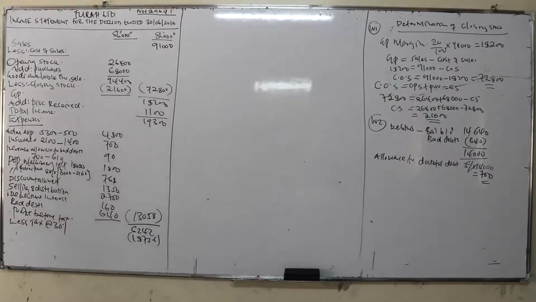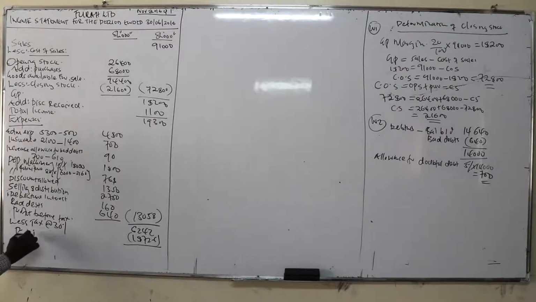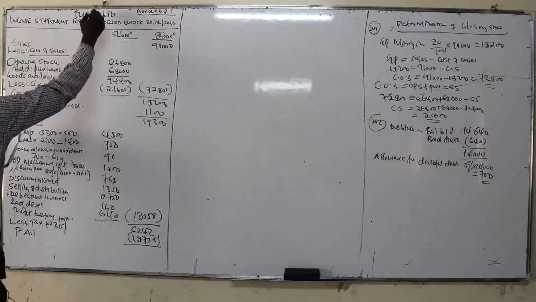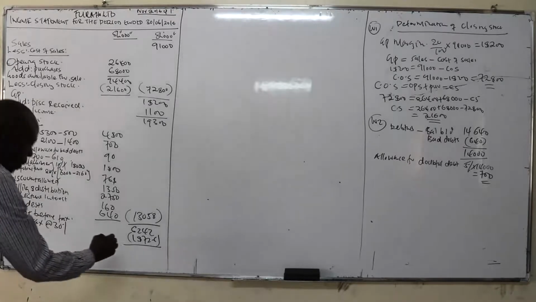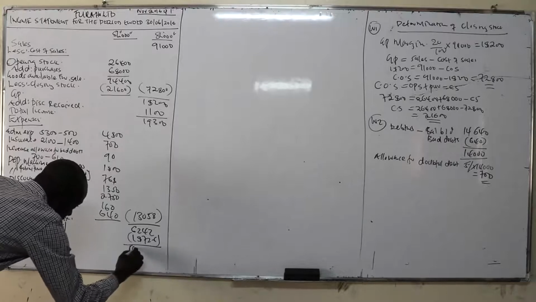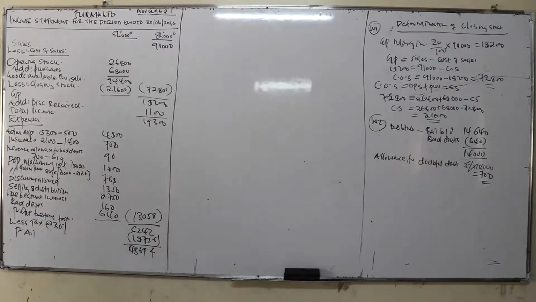Is it so? Profit after tax. You get profit after tax. Anakuja ngapi? 43,69.4, like that.